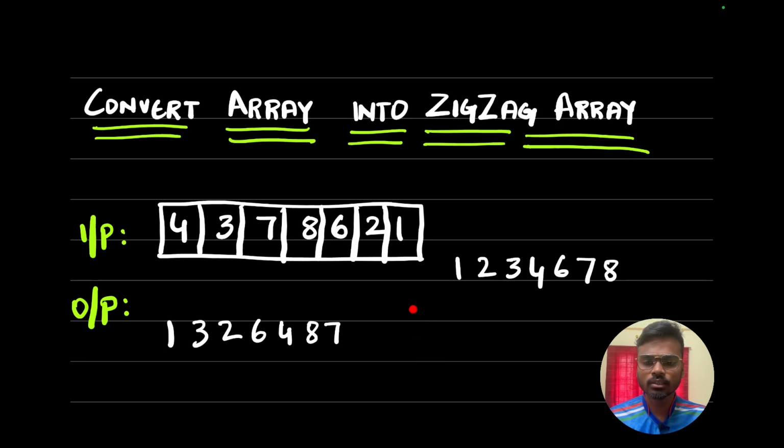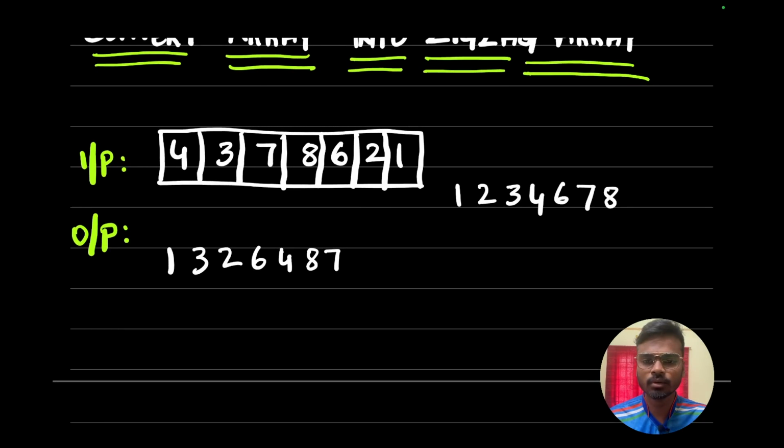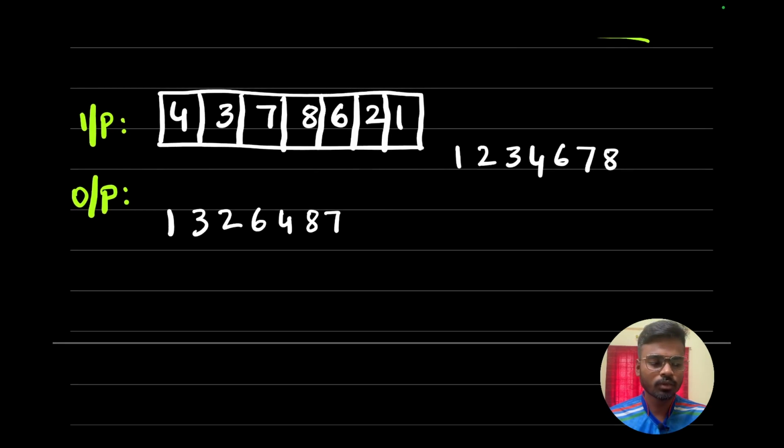But what is the zigzag format? Basically, to understand what a zigzag array is, there is a condition which holds for each and every element in the given array. Let's say our output is 1 3 2 6 4 8 7. This output is in the form of a zigzag array. Why?